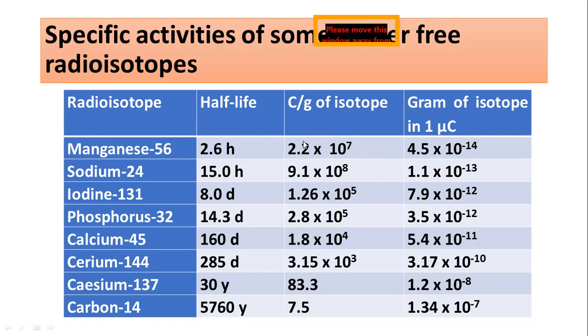So this is just the reverse of this one. This will give you the idea what gram of the isotope would be required for this value of the activity. So this is the table. Just as a reference you can use it to select your radioactive isotope for specific applications.